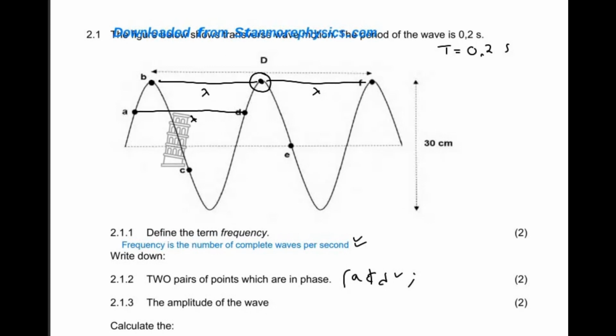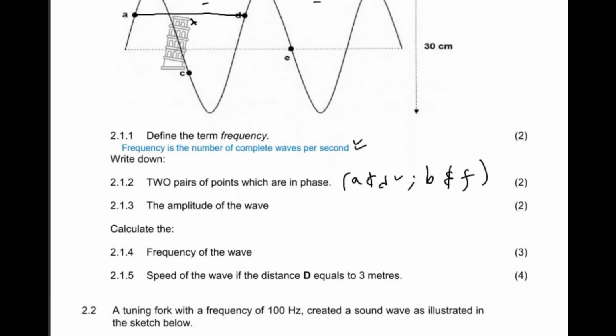Points B and F are also in phase because they are separated by this wavelength plus another wavelength, so that is 2 times wavelength. So points B and F are also in phase because points in phase are separated by an integer multiple of wavelength. If points are separated by one wavelength or two wavelengths or three wavelengths, we say that they are in phase.